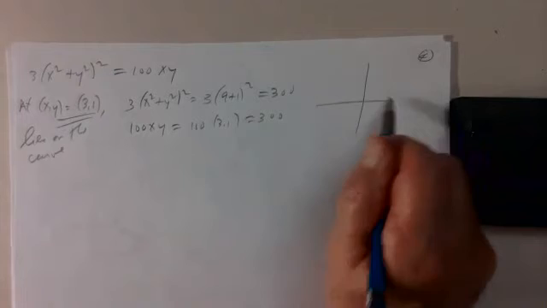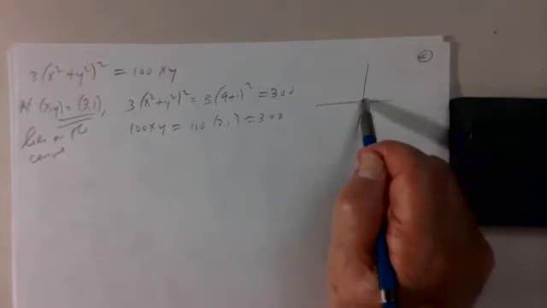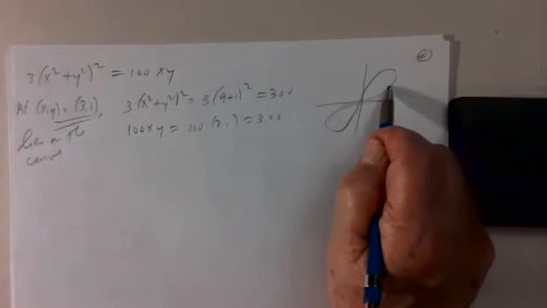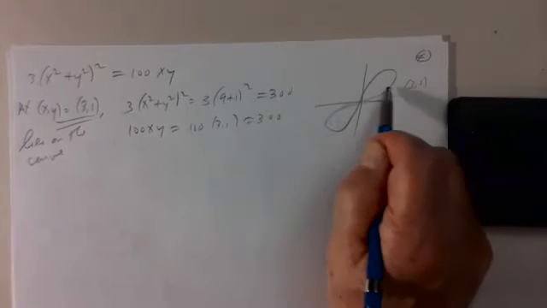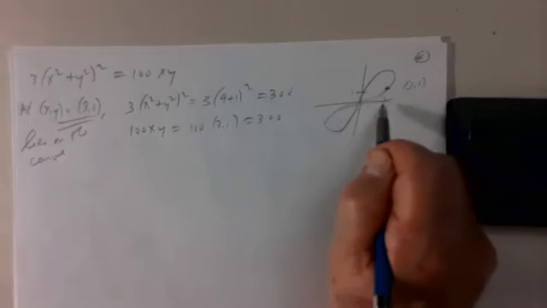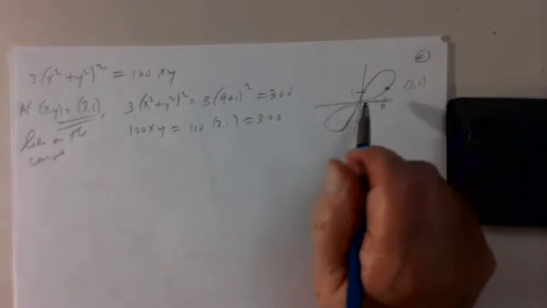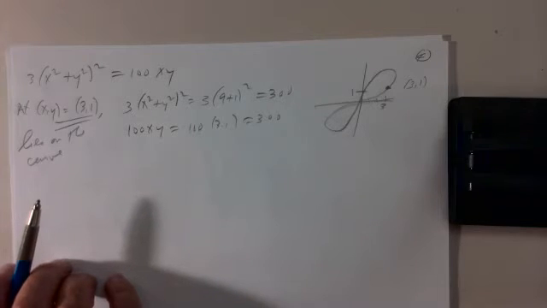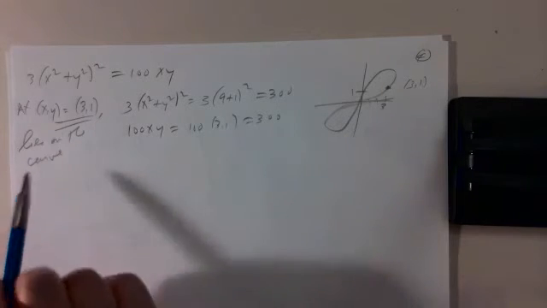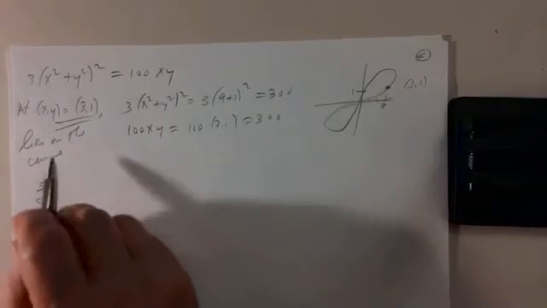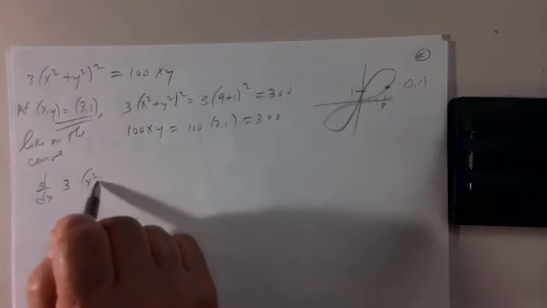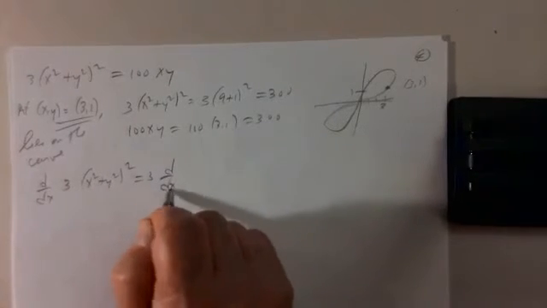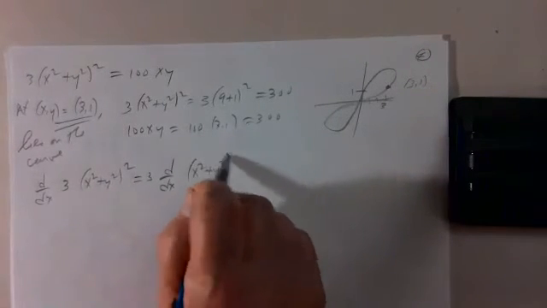In fact, this curve, the picture in the book says, is just a figure 8. And here's the point (3, 1). What's the slope of the tangent line at this point? We have to differentiate. So the derivative with respect to x of 3 times (x squared plus y squared) squared is what? 3 times the derivative with respect to x of (x squared plus y squared) squared.